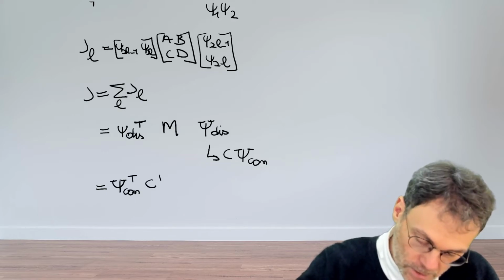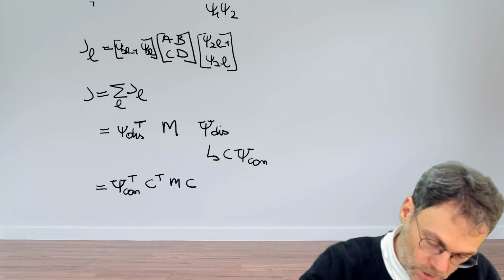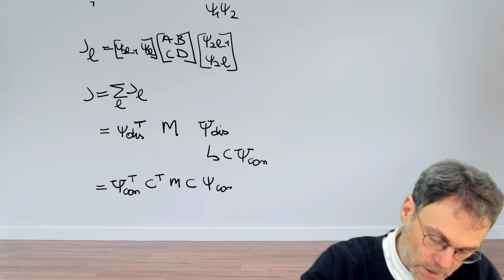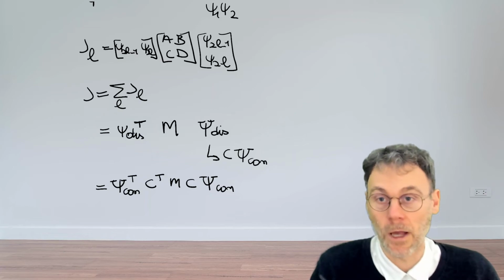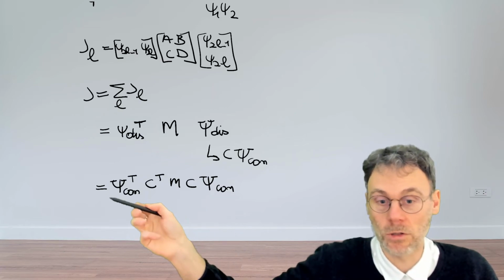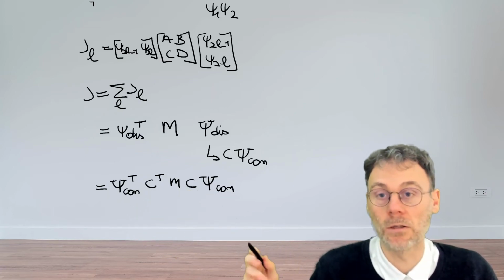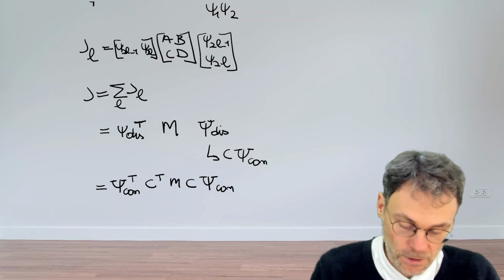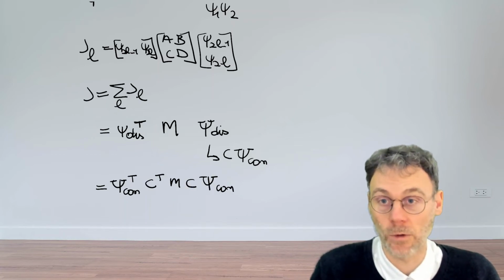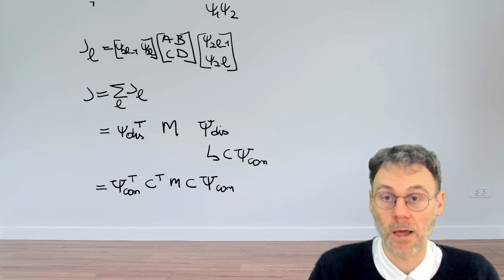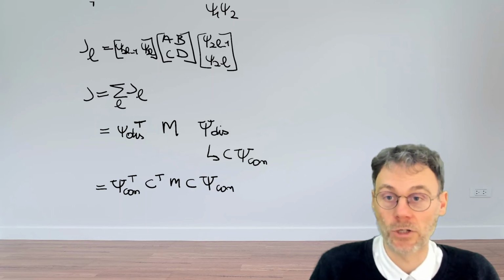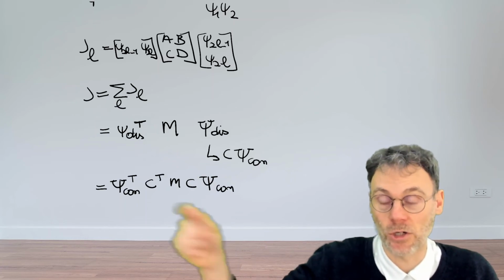And then you get an expression that looks like this. Again, we're only interested in the broad structure of this expression and not in the detailed values of this big matrix M here. But that's what you get basically when you try and calculate the total energy of the system, a bilinear expression like this.